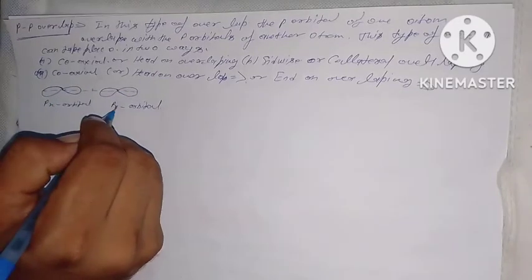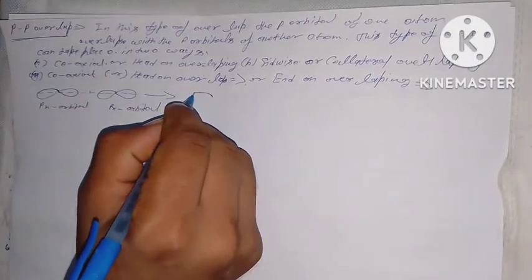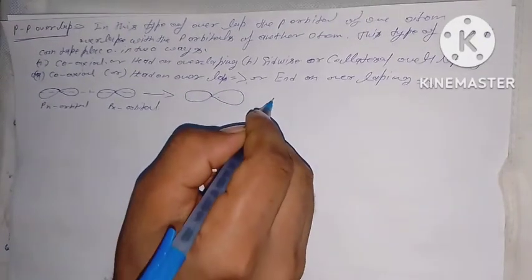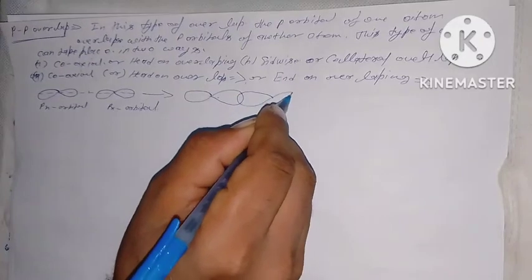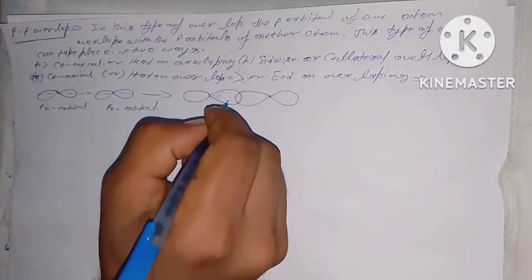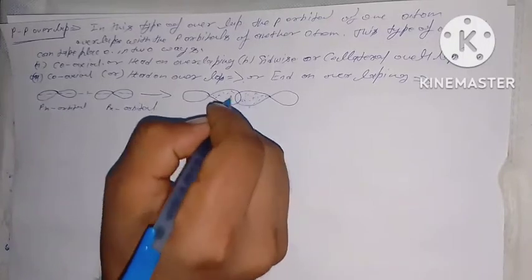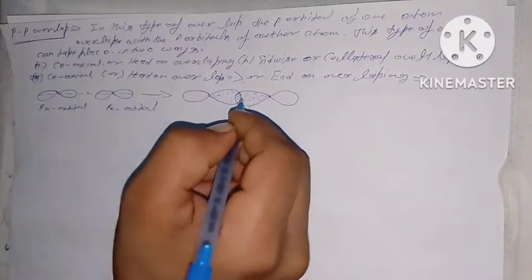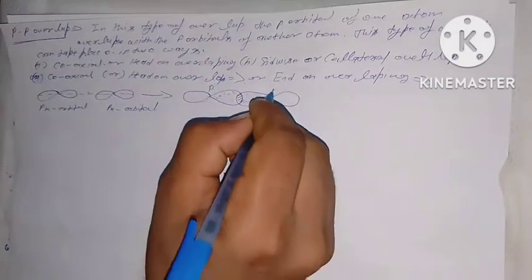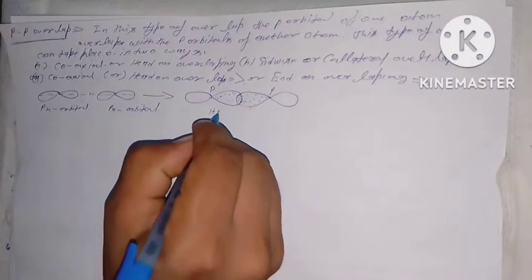This is present on the axis of p. After overlapping, as in this figure, p orbital and p orbital show head-on overlap.